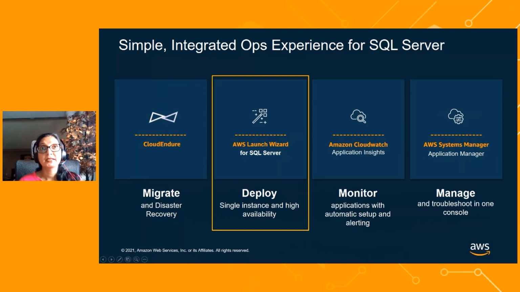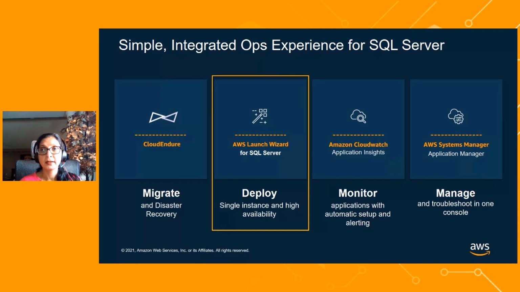When we migrate, we have multiple tools that we use to migrate SQL Server to AWS. When you are migrating, you can use CloudEndure to migrate your database, and you can also use CloudEndure for disaster recovery as well. From a deployment point of view, we have a service called AWS Launch Wizard. Launch Wizard for SQL Server can help you deploy your single instance or high availability instance.